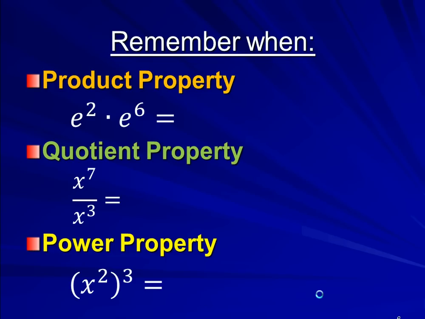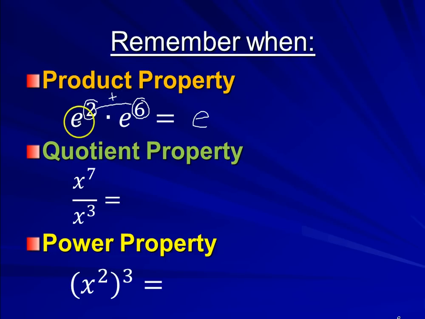Now, again, a little review before we get into the concept for today. The product property, if I give you e squared times e to the 6th, again, how do I actually combine this 2 and this 6? Is it e to the 12th since it's multiplication? Since we're dealing with our powers, remember this is not actually multiplication, this is adding.